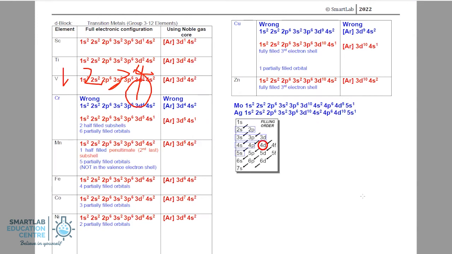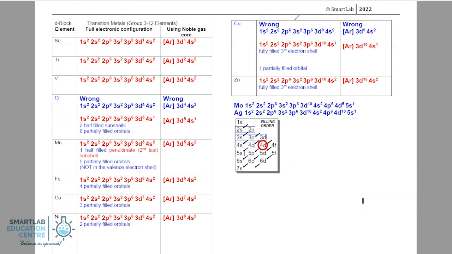In summary, you have your 4s here, which is fully occupied, and you have your 3D here with the 5 boxes, which are only singly occupied. So one of the electrons could hop over. The correct electronic configuration ends up as 3D5 4s1, which is more stable because by doing so, every orbital has only 1 electron.